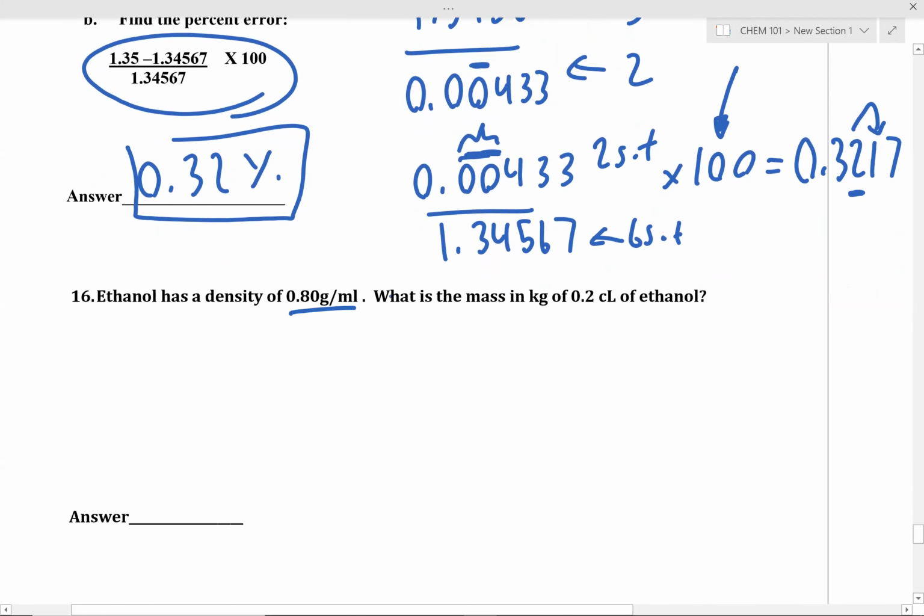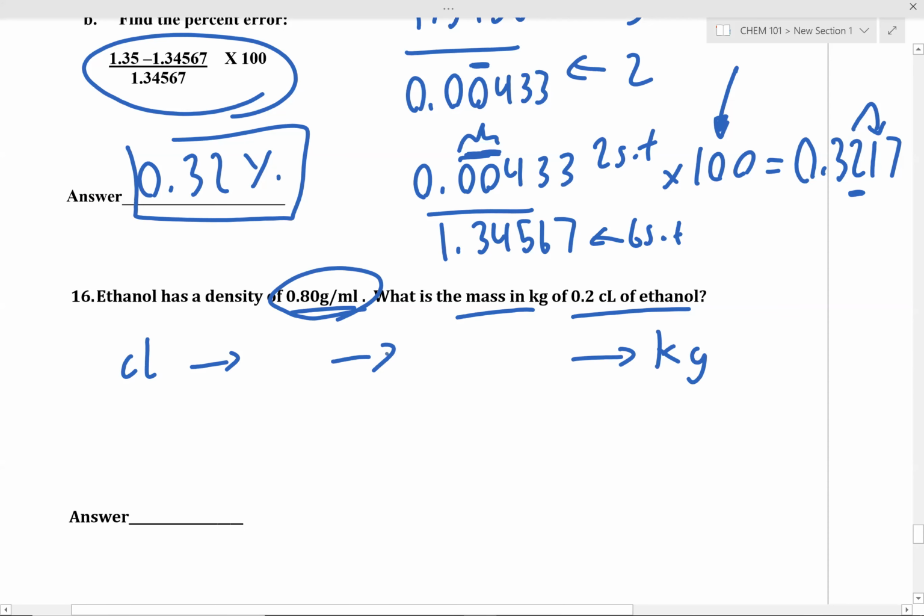Ethanol has a density of 0.8 gram per milliliter, and I'm asking the mass in kilograms of 0.2 centiliters of ethanol. So we're starting with centiliters of ethanol, and at the end of this, we want to end up in kilograms. So looking at our density, what are the units of density? Gram per mil.